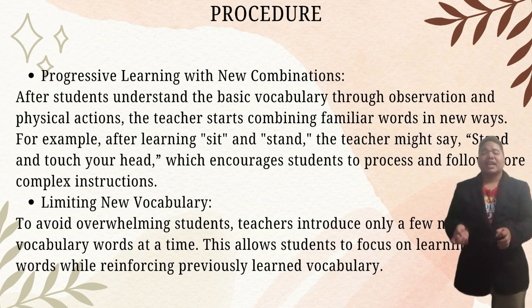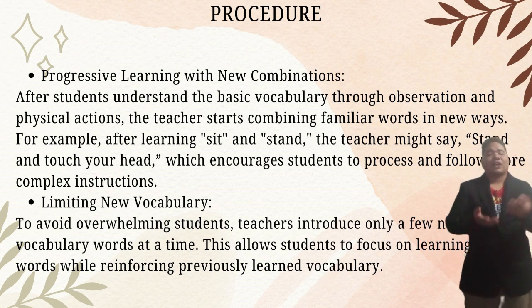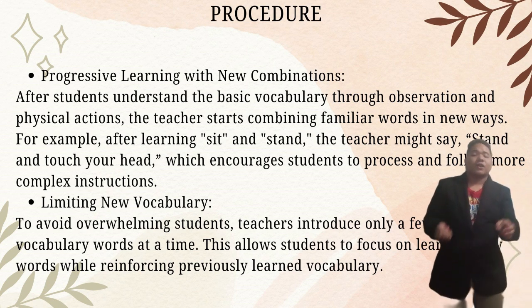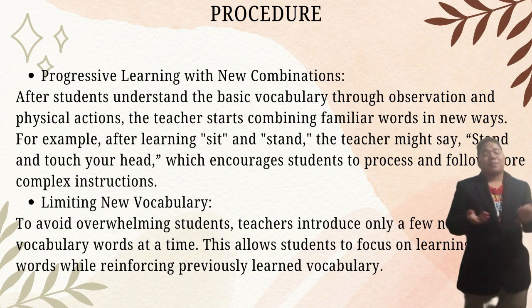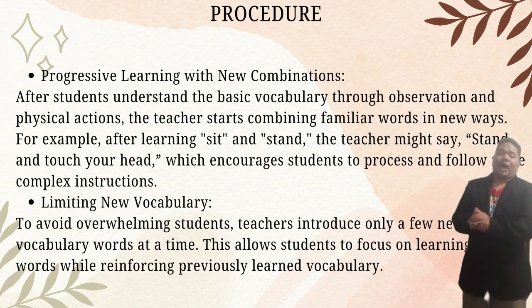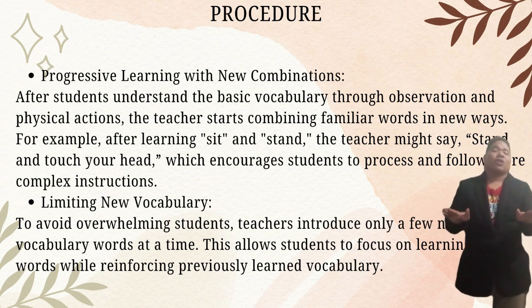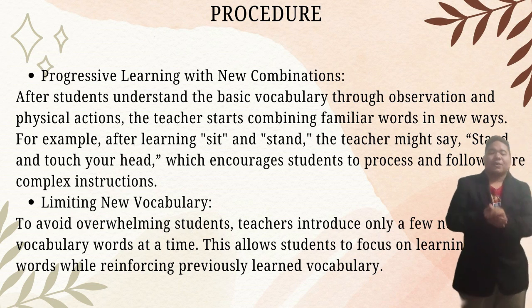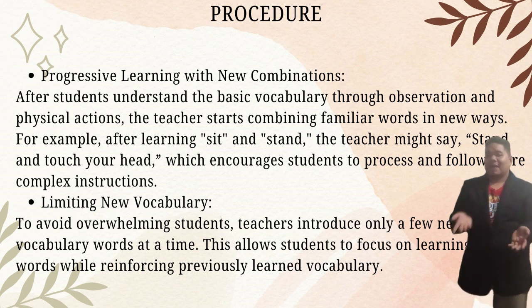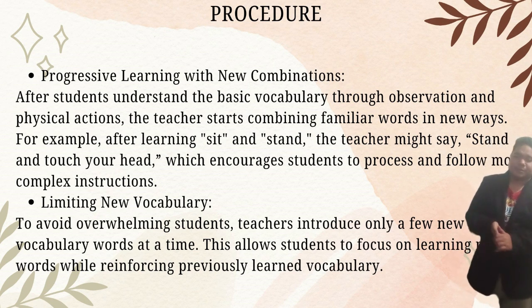Progressive learning and new combinations. After students understand the basic vocabulary through observation and physical actions, the teacher starts combining familiar words in new, different ways. For example, after learning sit down or stand up, the teacher might say stand up and touch your head, which encourages students to process and follow more complex instructions.